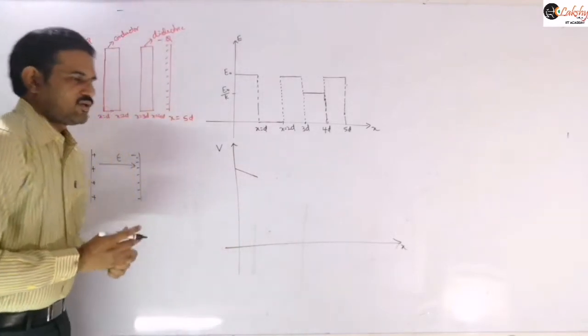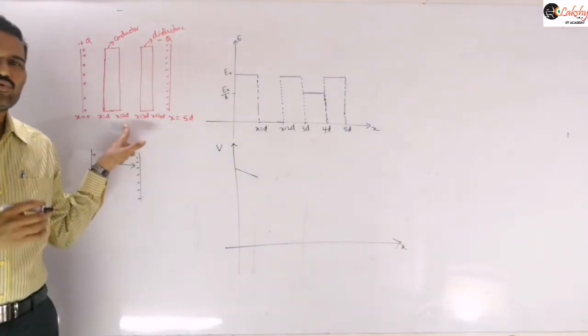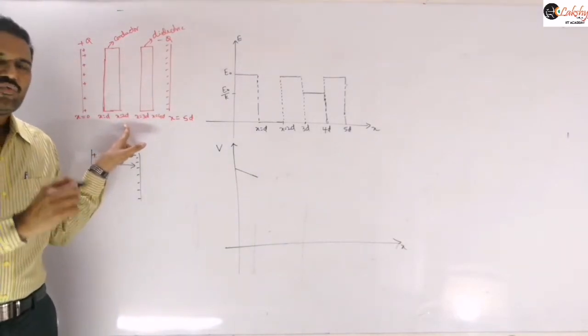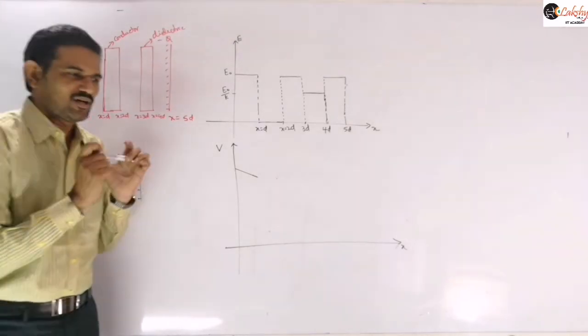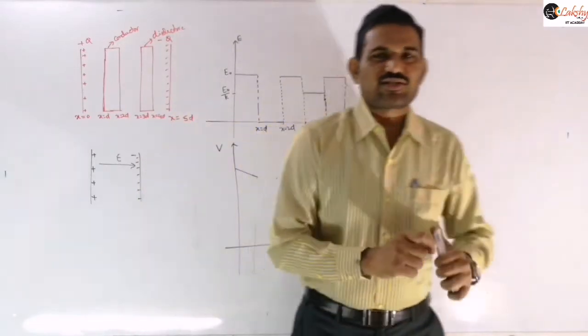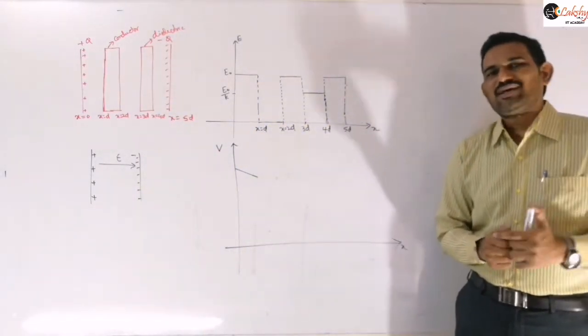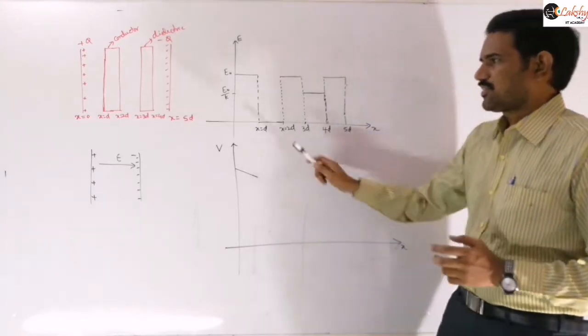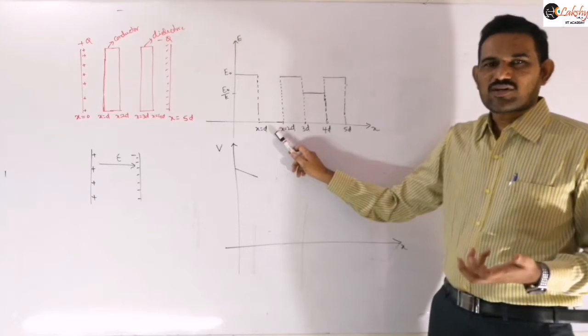Next, from x equal to d to 2d, we are inside the conductor. How does the potential change inside the conductor? We need to observe first how the field changes. Here the field is 0, which means the potential difference should be 0.